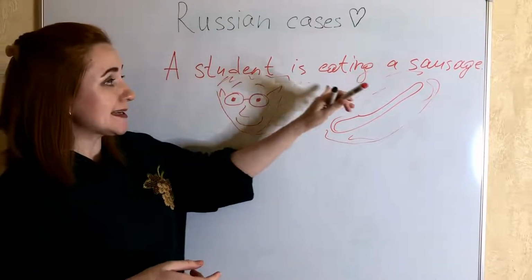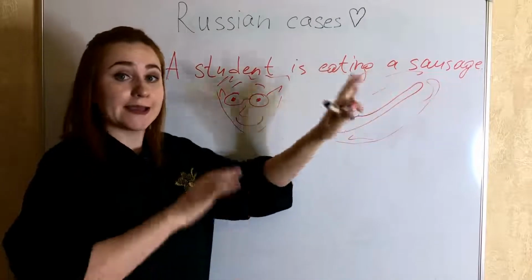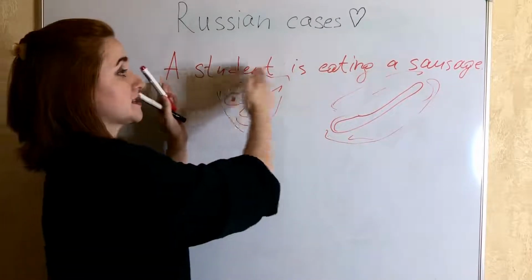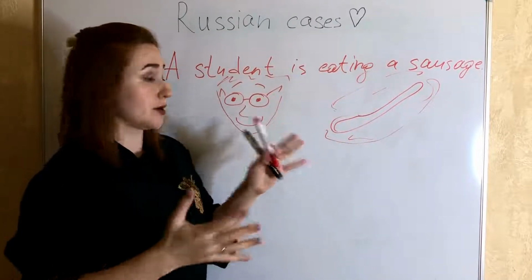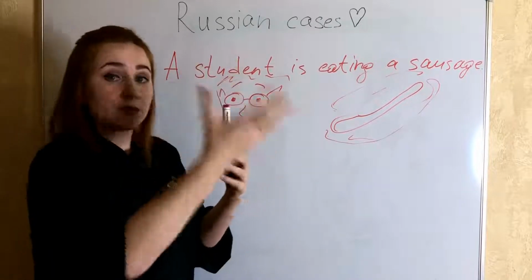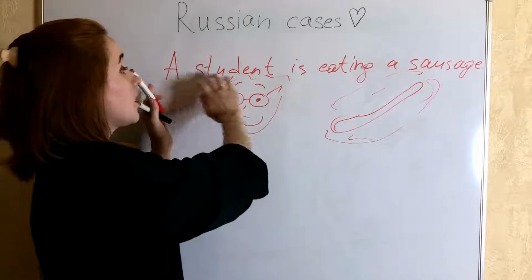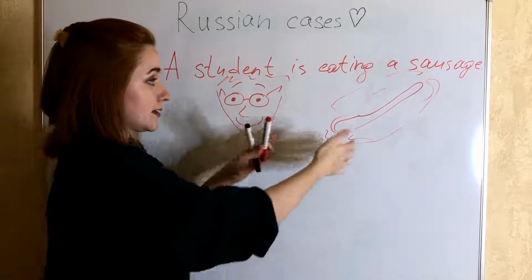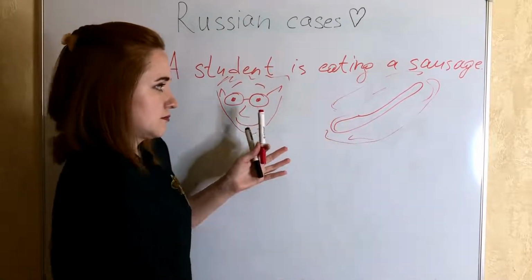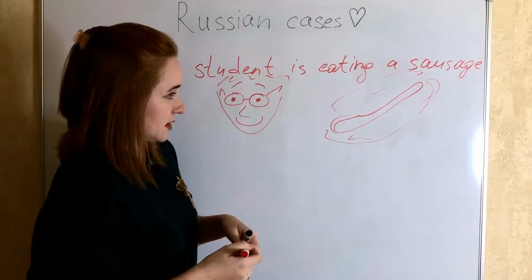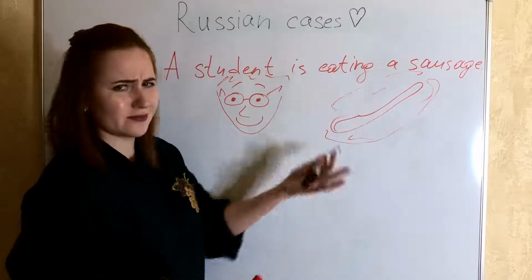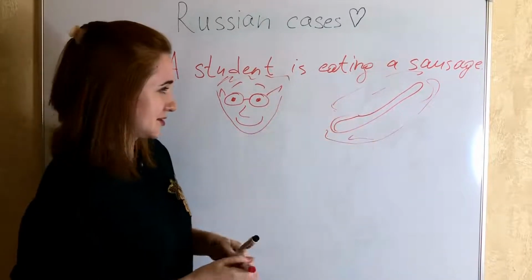A student is eating a sausage. In English, we have a very strict word order. Remember? The subject is doing something to the object. It's obvious that this guy is eating this clam, alien clam. So it's a sausage.